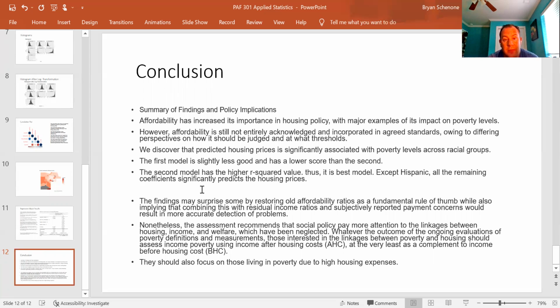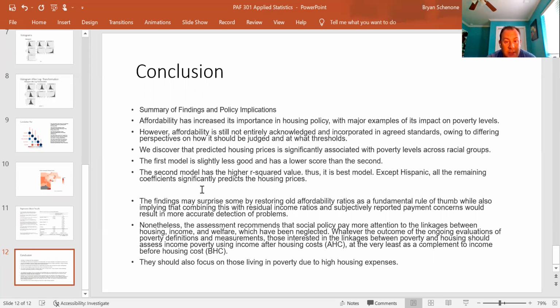We discovered that predicted housing prices are significantly associated with poverty levels across all racial groups. The first model is slightly less good and has a lower fit than the second. The second model has a higher R-square value, and I felt it was the best model. Except for Hispanic, all the remaining coefficients significantly predicted the housing prices.